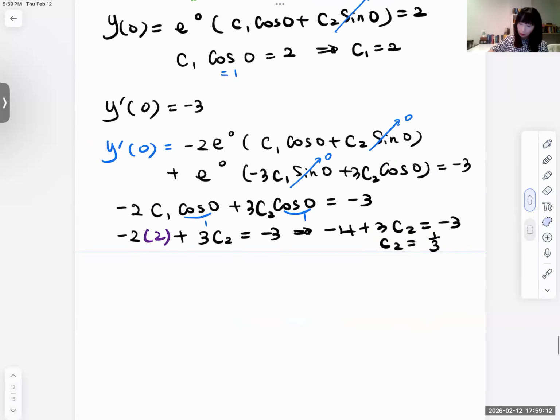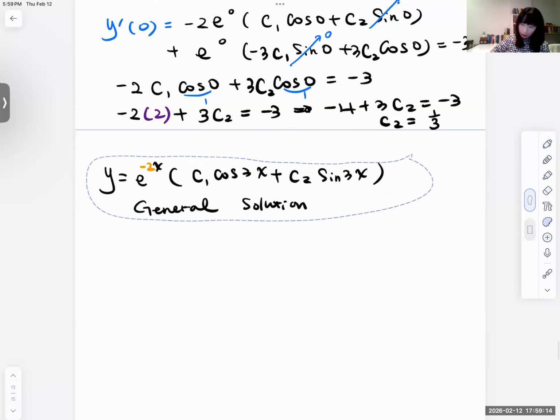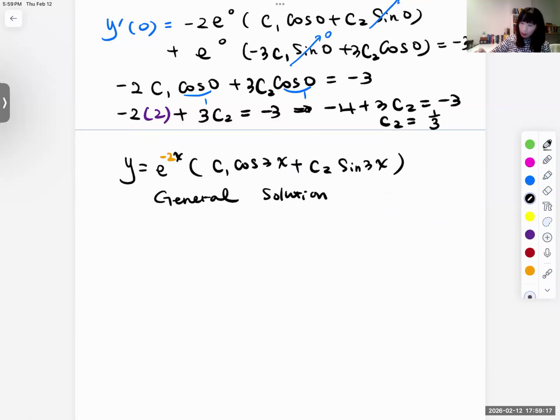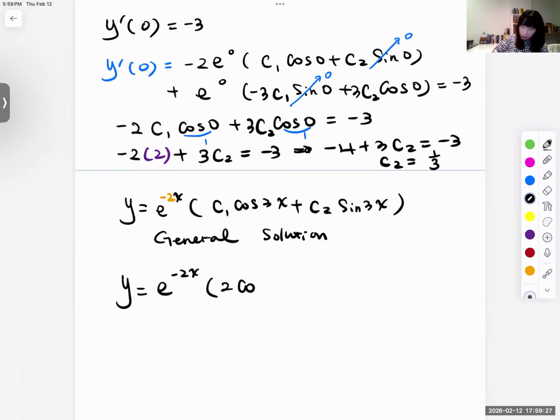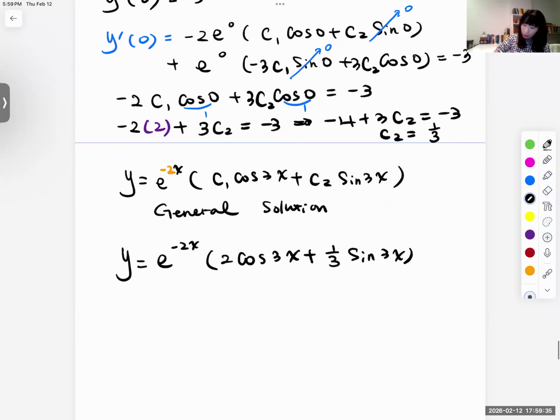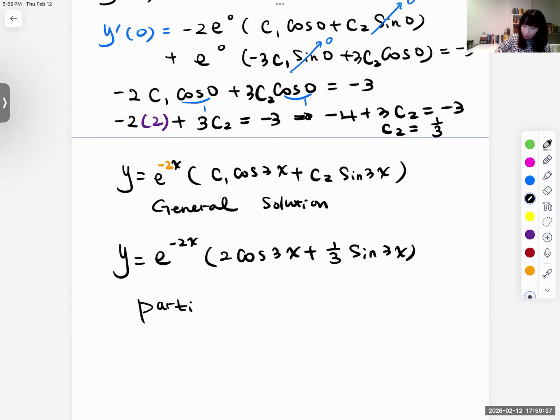So we have y equal to e to the negative 2x, c sub 1, which is 2 cosine 3x, plus c sub 2, 1/3 sine 3x. Yeah, we call this a particular solution, right?